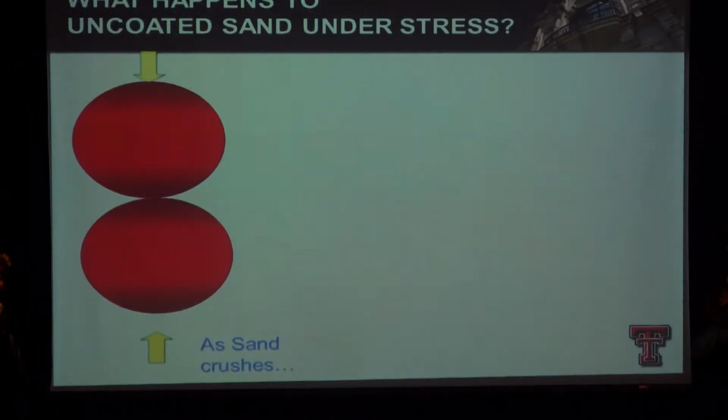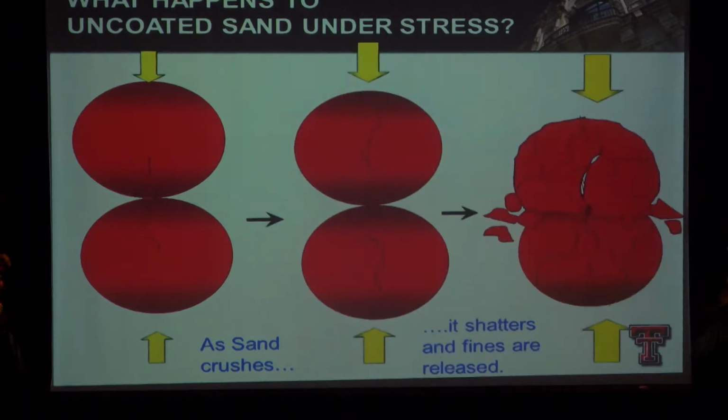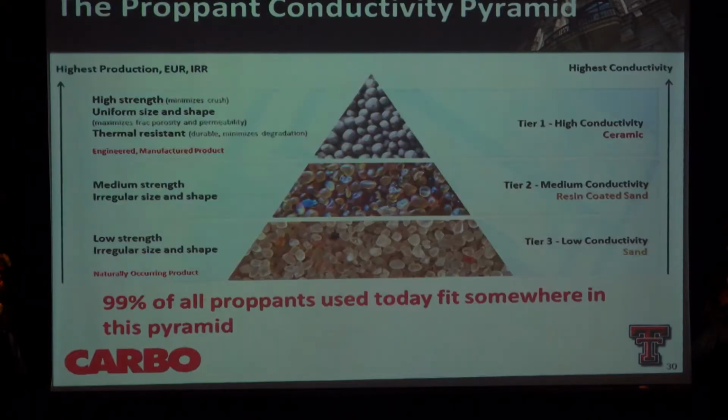So the concern that most have is, is the sand strong enough to not crush when the fracture closes? This is one of the big concerns I heard from Oscar in the previous presentation. You've got to have this sand and lots of it to perform these hydraulic fracture treatments. So the sand is at the bottom.